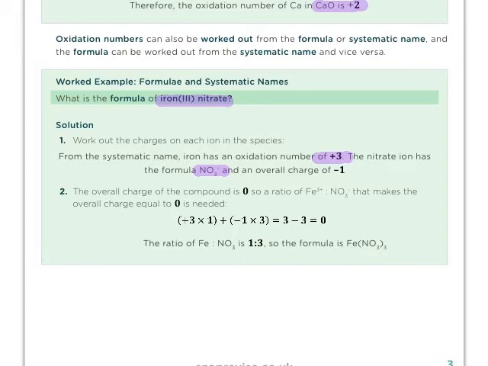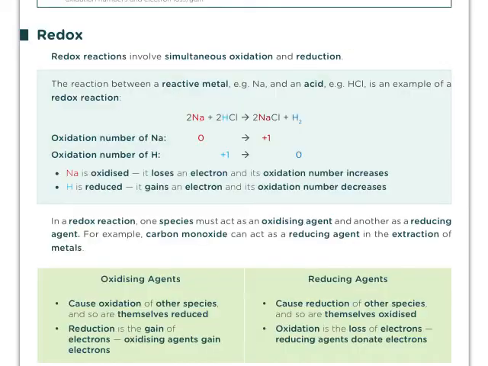So if we've got +3 and -1, we obviously need 3 times this -1. That then gives us a ratio of 1:3 for Fe to NO3. So we can determine the formula as being Fe(NO3)3, because we need 3 lots of that NO3.